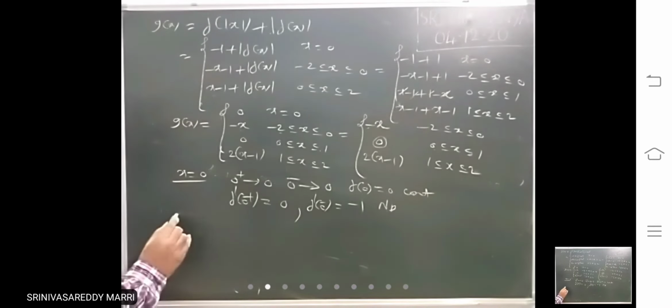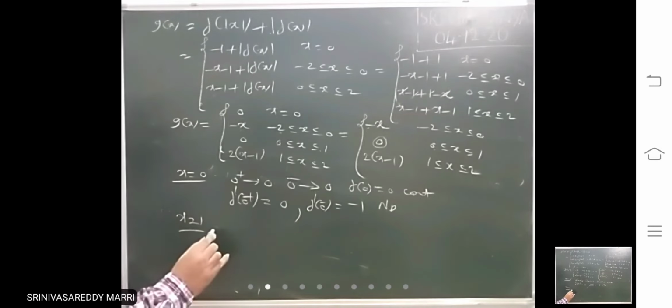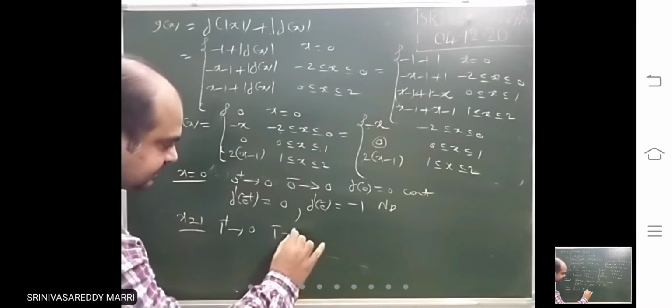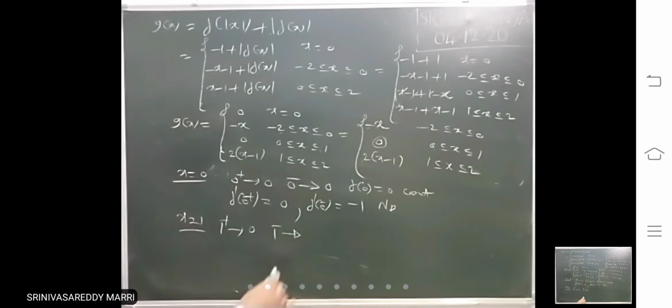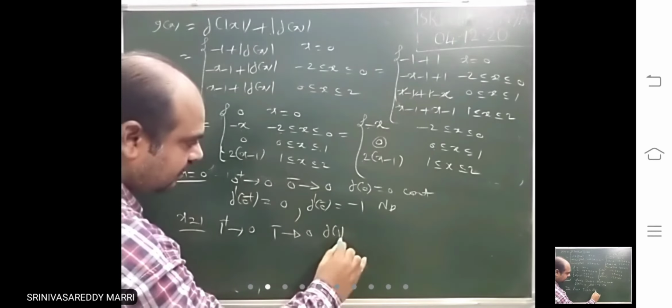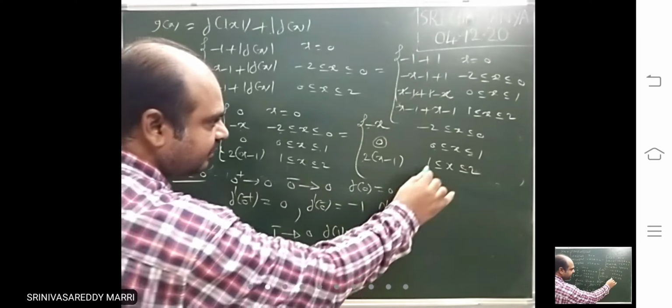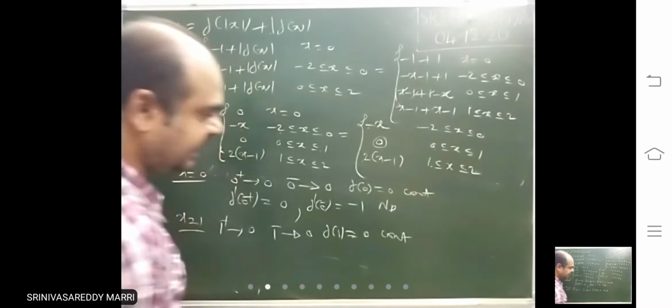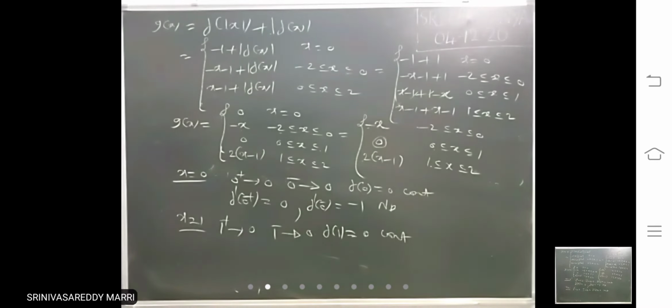Next rule changing point is at x equal to 1. 1 plus, right hand limit, is 0. 1 minus, left hand limit, is 0. And f of 1 is 0. So therefore, it is continuous at x equal to 1.